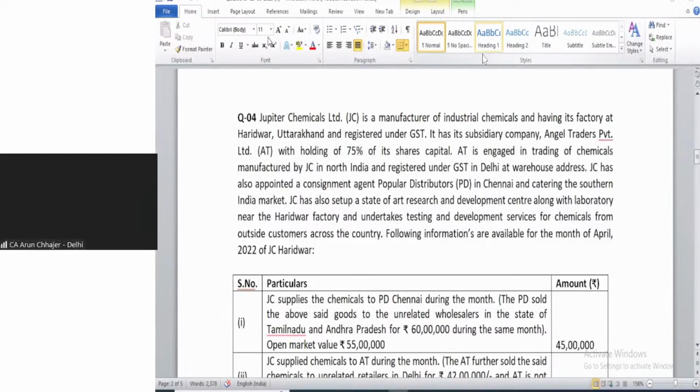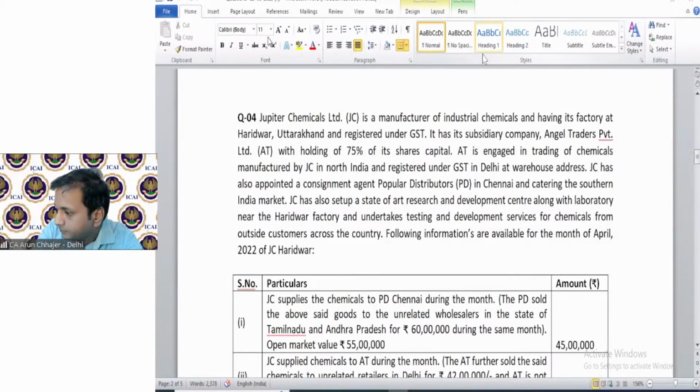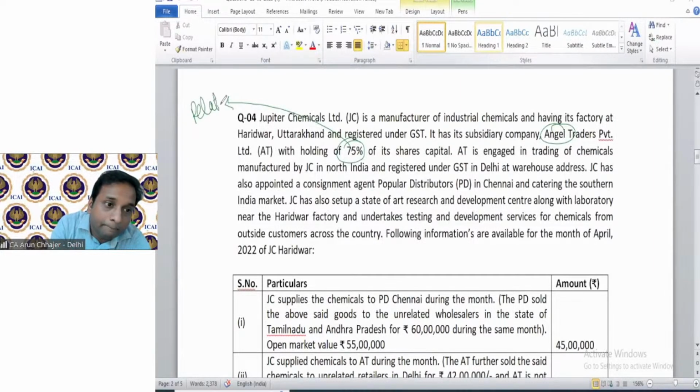So it says that he has the subsidiary company holding 75%. By this we can understand that it is a related party. Correct?